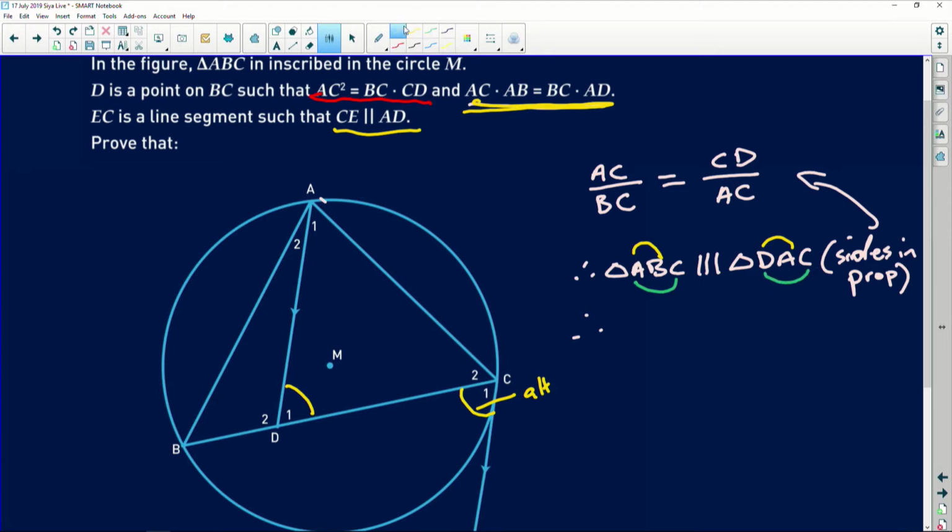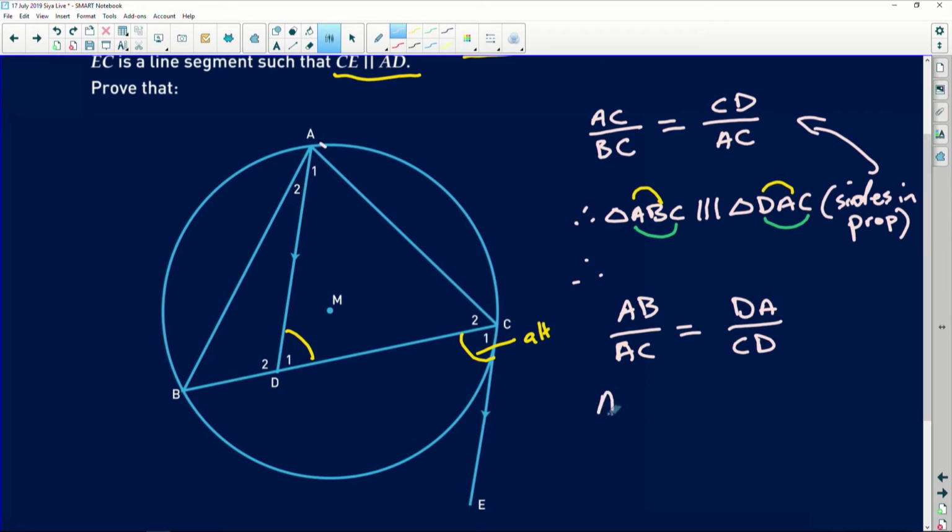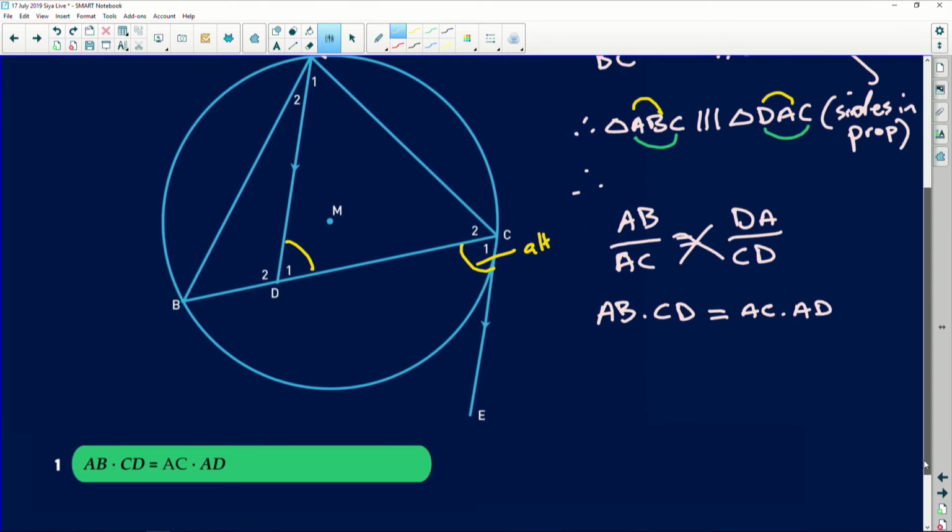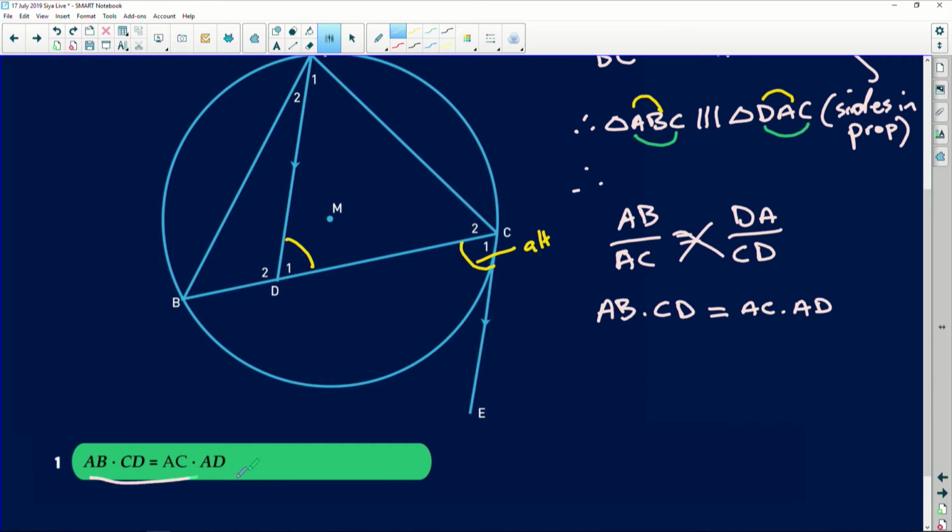And therefore the ratio will be AB divided by AC is equal to DA divided by CD. So I'll write that as AD, it doesn't really matter. Then remember you cross multiply from here: AB multiplied by CD will be equal to AC multiplied by AD. So we just need to check whether that's what they wanted. Yes, you see they have AB multiplied by CD equals AC multiplied by AD.